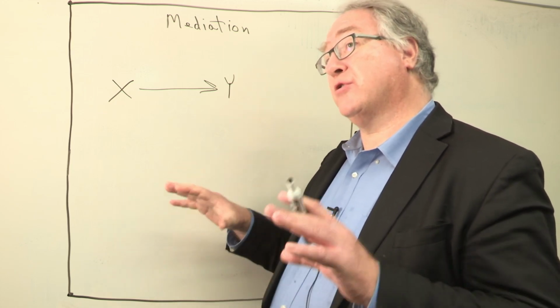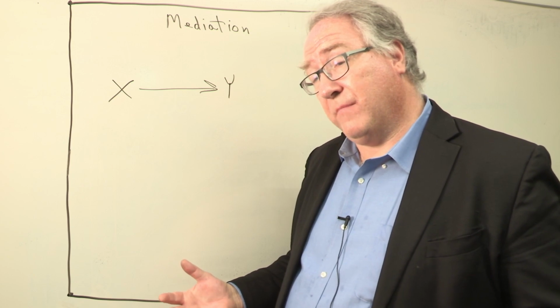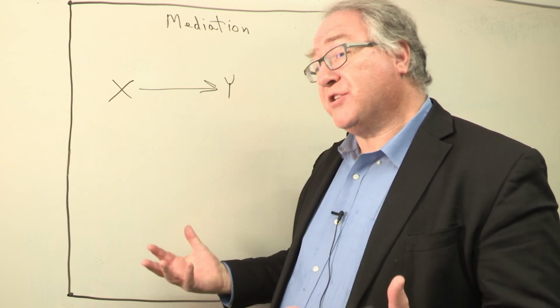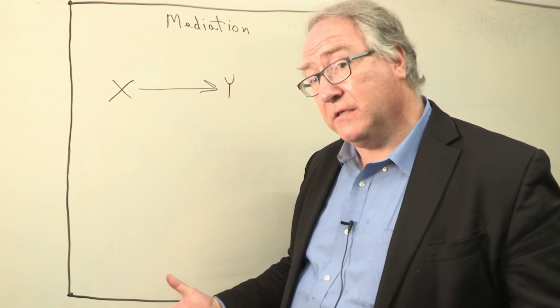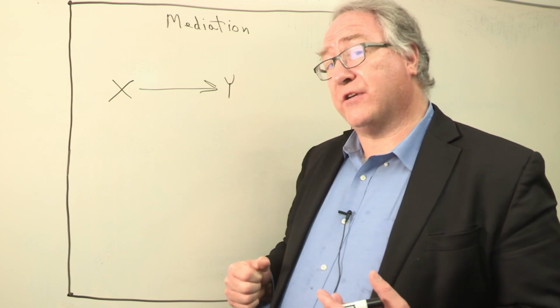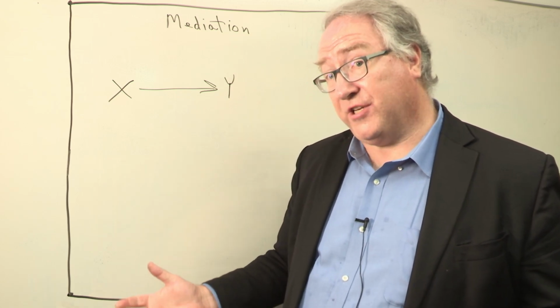When you ask questions about how an effect occurs, about the process or mechanism of an effect of X on Y, you're asking questions of mediation, and you're testing mediation.